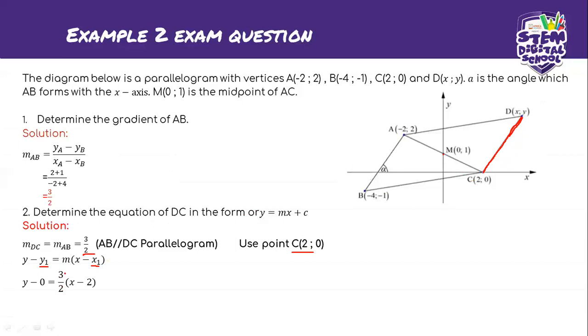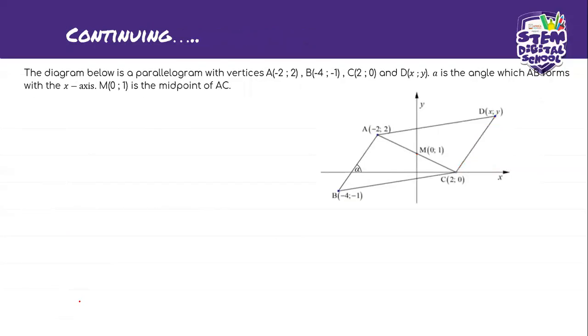Then you just put them in, and from there you simplify it. Then we have our equation now. Our equation is y equals 3/2 x minus 3, right? That is that. Now we still have another question.